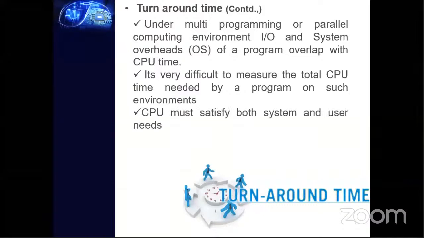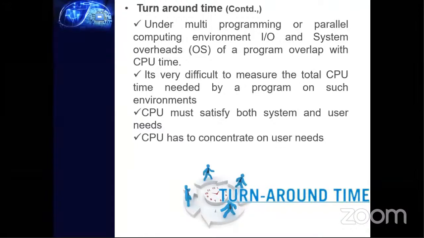The CPU, on a parallel computer or a sequential computer, must try to satisfy both the system, that means operating system overheads, and the user needs. Then only we can say the CPU is doing well. Importantly, the CPU has to concentrate on user needs.